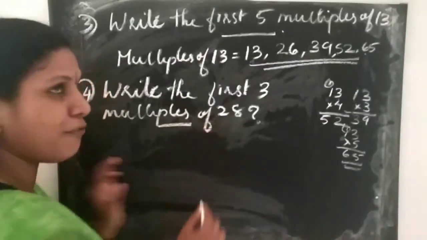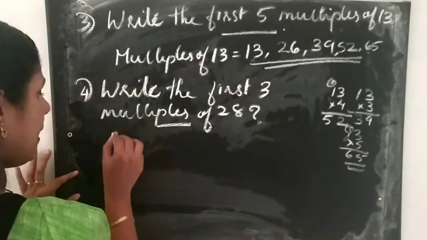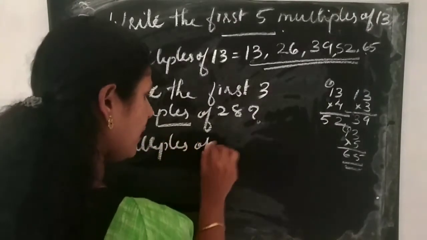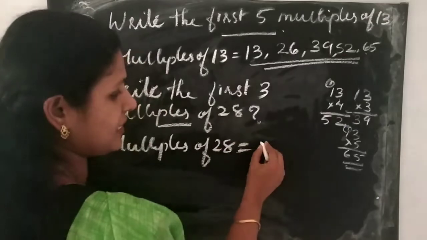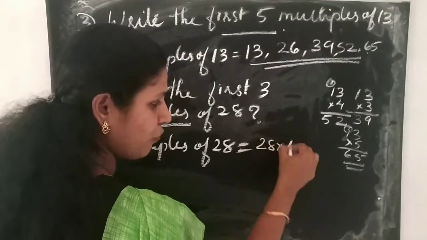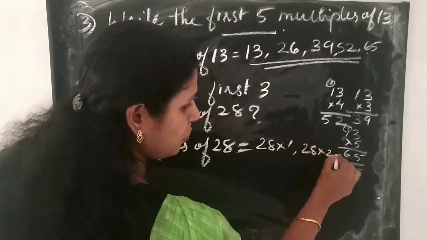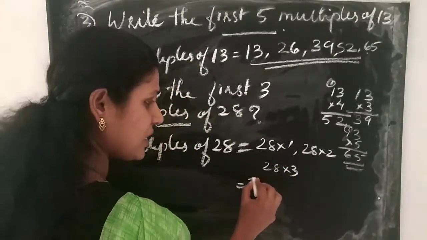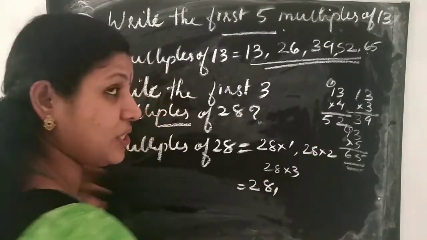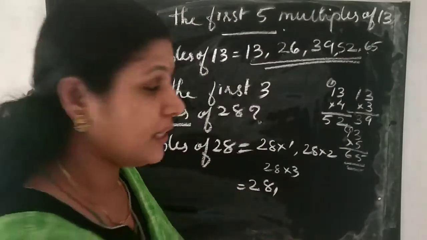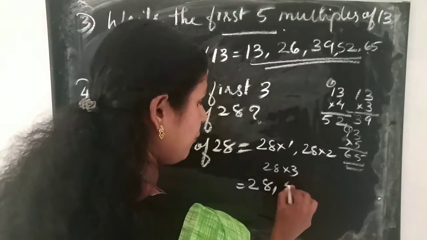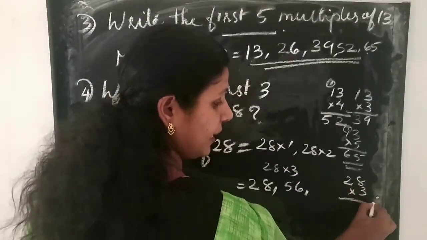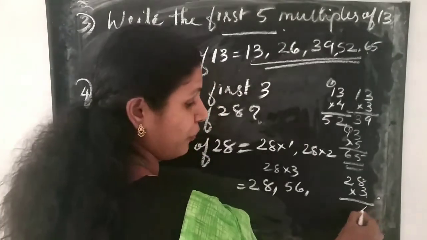So we need the first 3 multiples. First we write multiples of 28: 28 into 1, 28 into 2 and 28 into 3. 28 into 1 is 28, we know that. 28 into 2 is double, twice, that is 56. Then 28 into 3. 8 3s are 24.